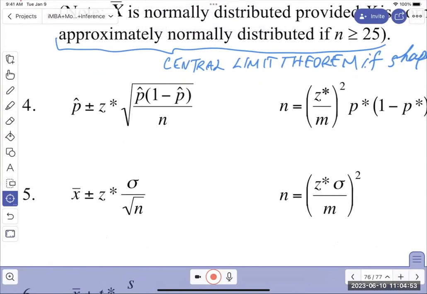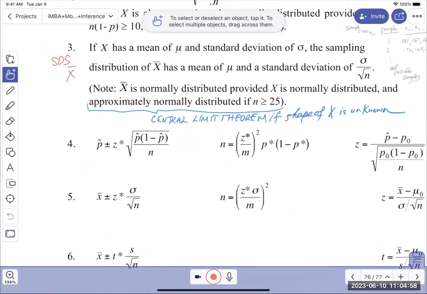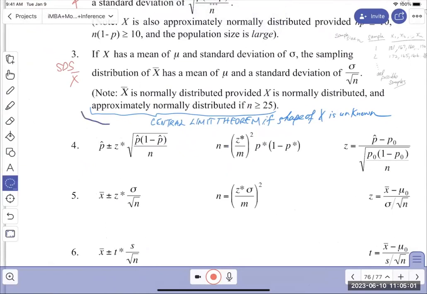We computed a confidence interval. Let me shrink this. So I need that area.